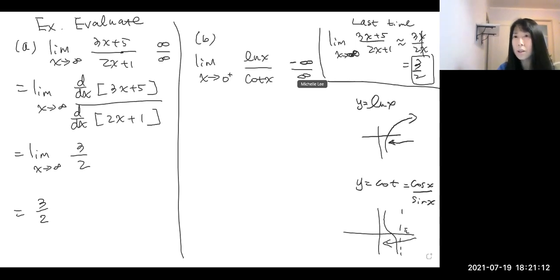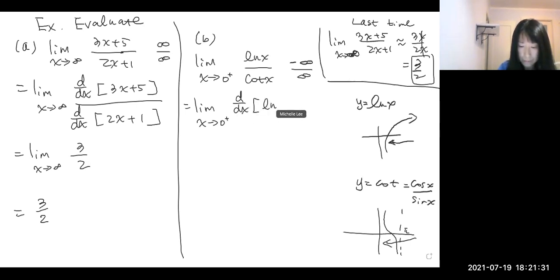So this is considered an infinity over infinity form, negative infinity over infinity, right? Then we can apply L'Hopital's rule. So we take the derivative of the numerator and denominator respectively.